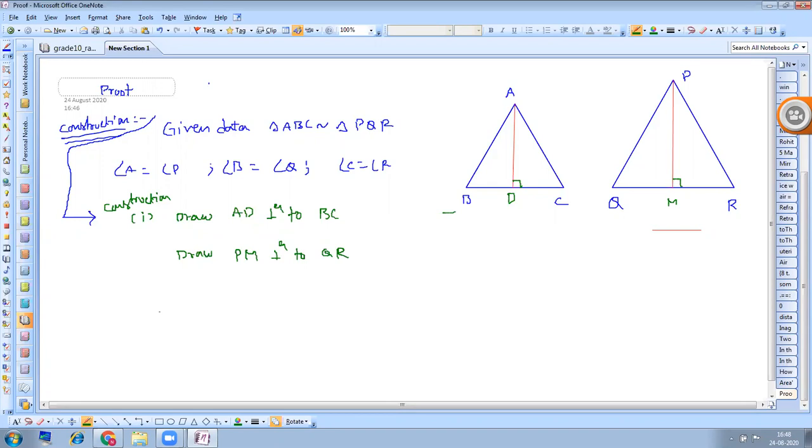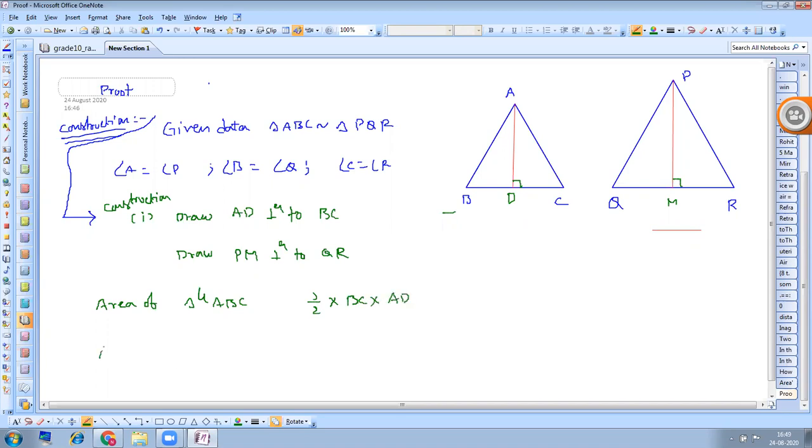So now I have to bring the relation between the areas. From this construction, what is the area of triangle ABC, Hansini? What is the area of the triangle ABC? Half into what is the base from the diagram? BC, into the height, which is AD.